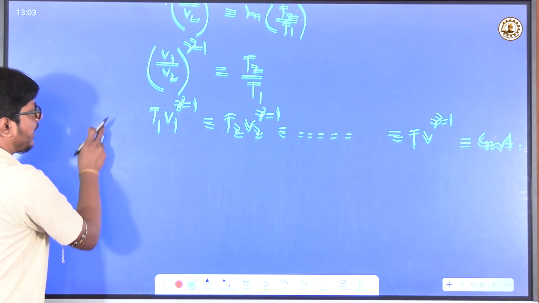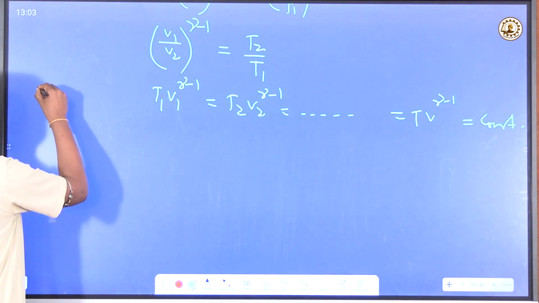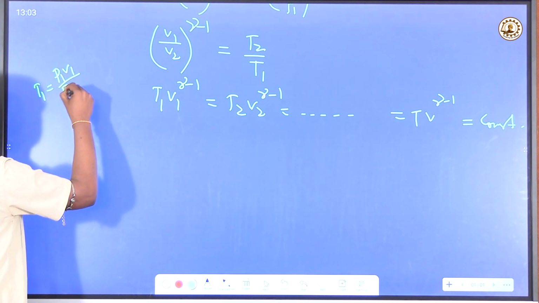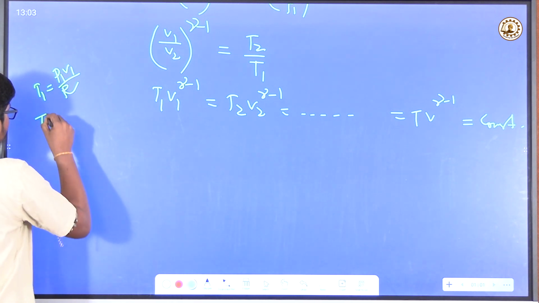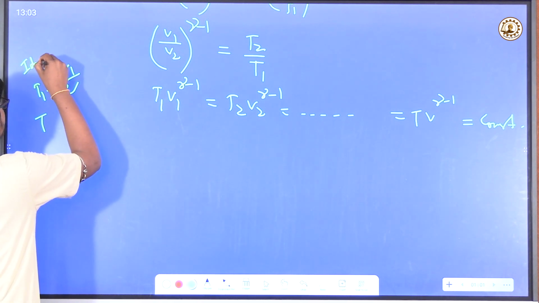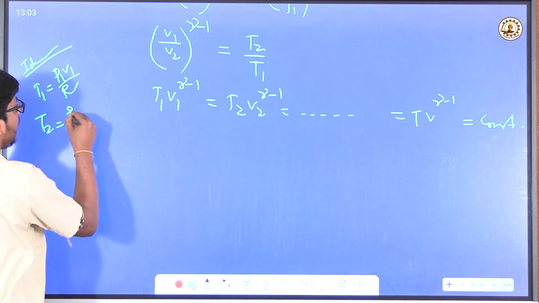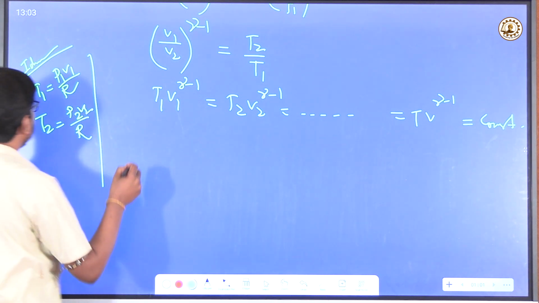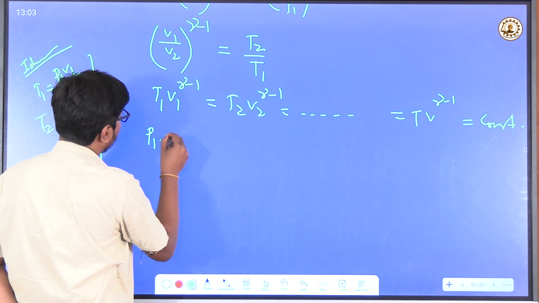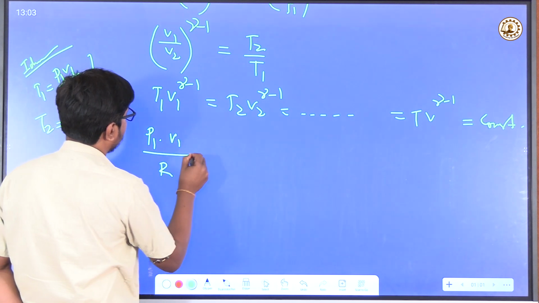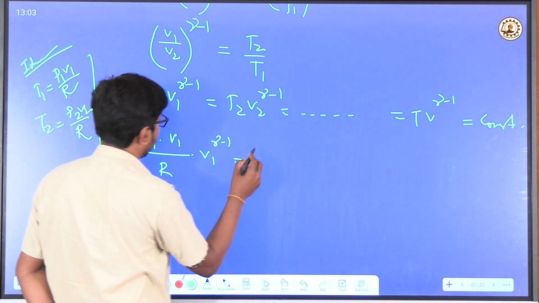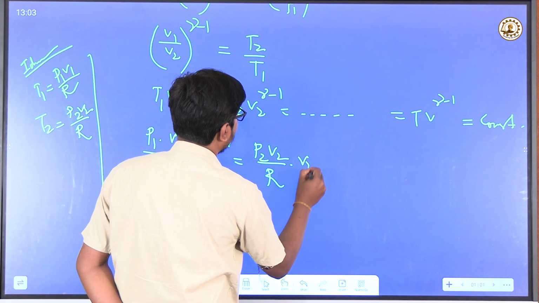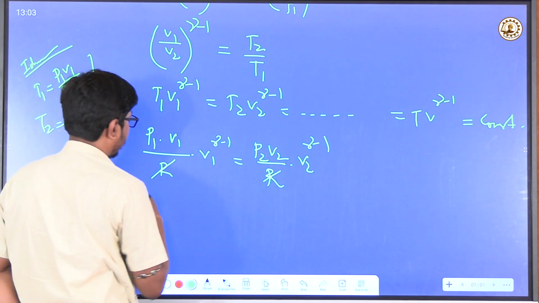Now we replace T1 using p1 v1 by R, and for the ideal gas, T2 is equal to p2 v2 by R. Now if we replace, this is p1 v1 by R into v1 to the power gamma minus 1 equal to p2 v2 by R into v2 to the power gamma minus 1. R cancels out.